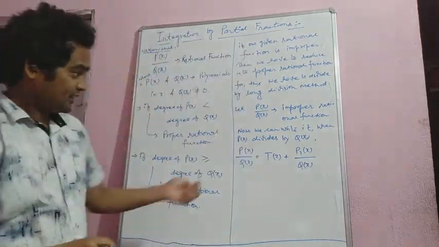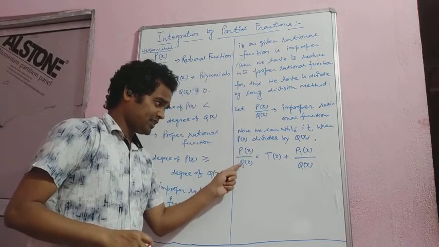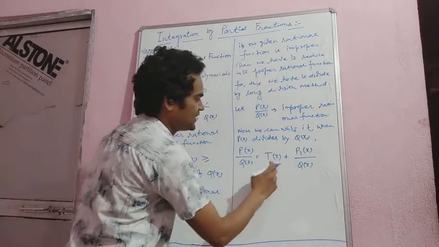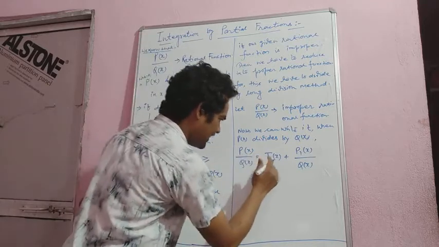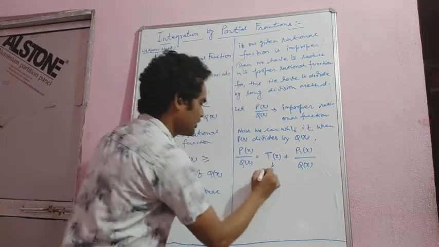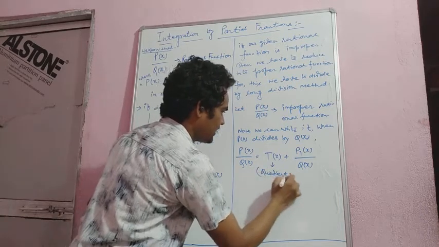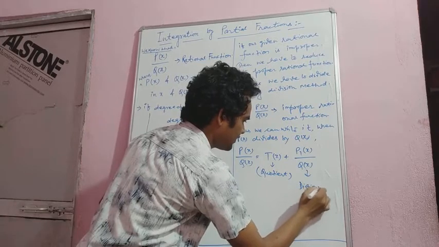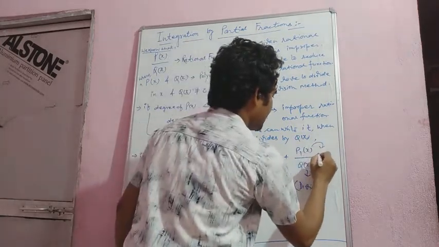That means when we divide p(x) by q(x), we write in this form, where T(x) is the quotient, q(x) is the divisor, and P1(x) is the remainder.